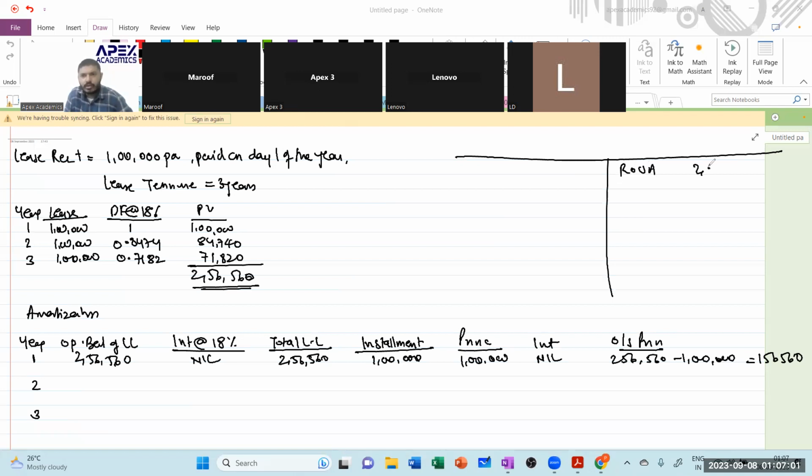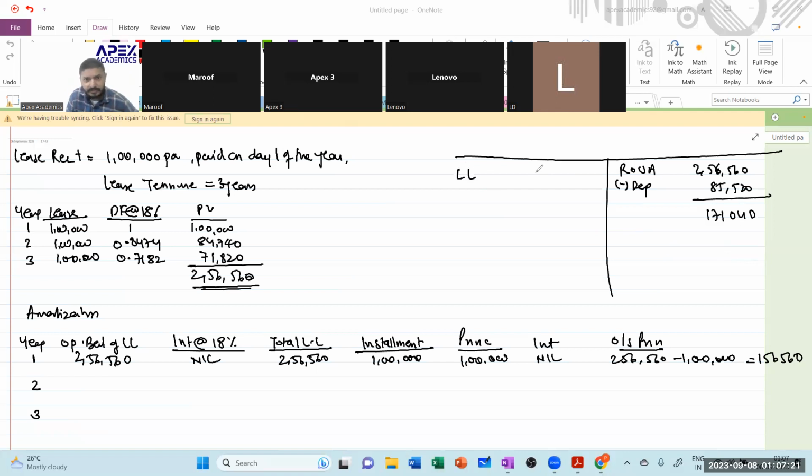Right of use asset 256,560 minus depreciation, divided by 3, 85,520. Okay. 171,040.